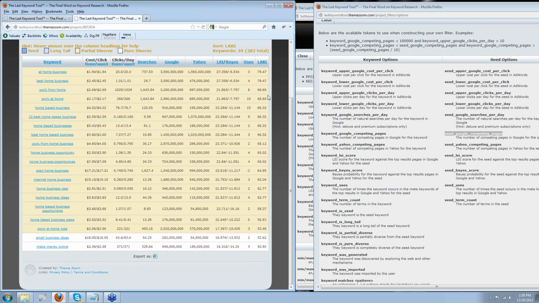Oftentimes I'll use uses in conjunction with Larry. So in other words, if the Larry is lower than 60, then the uses has to be greater than 2. That way I get everything that's thematically relevant, or at least that my competitors consider thematically relevant. You can get a larger semantic array that way.